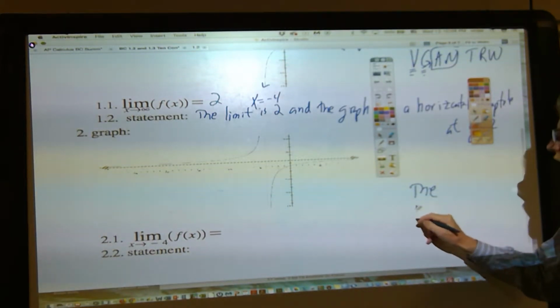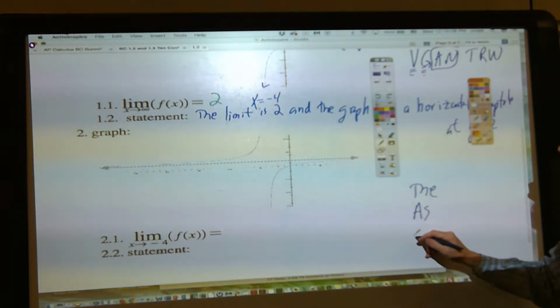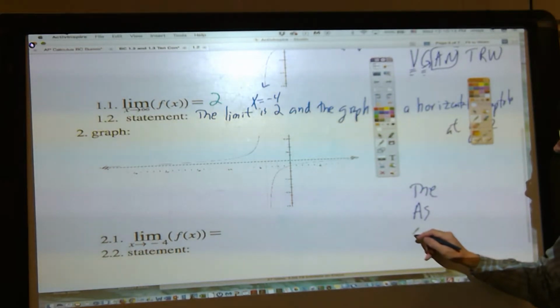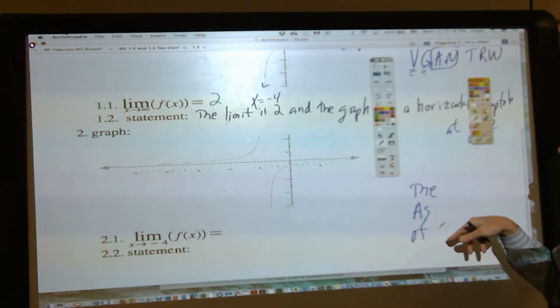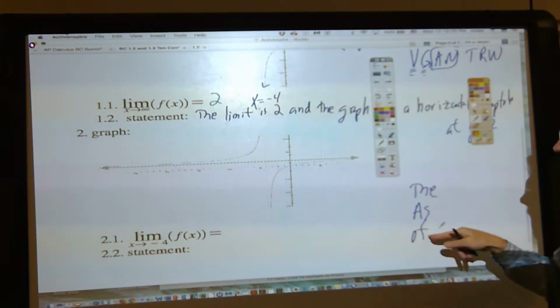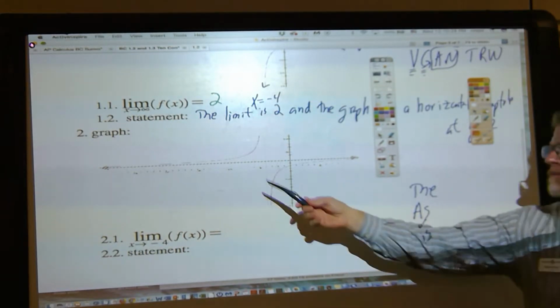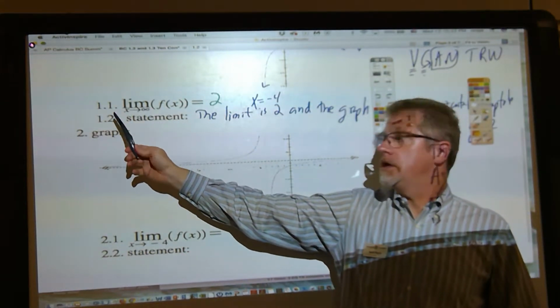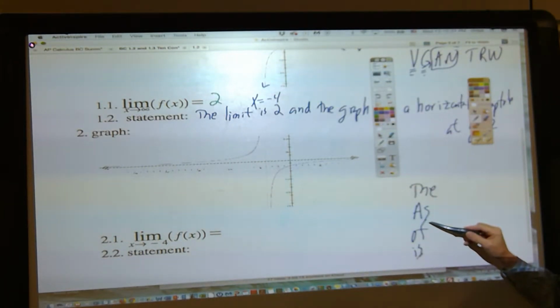The limit as x approaches infinity of f of x is 2. Let's try that. Ready? Go. Okay, now hold on. It's the limit as x approaches infinity.